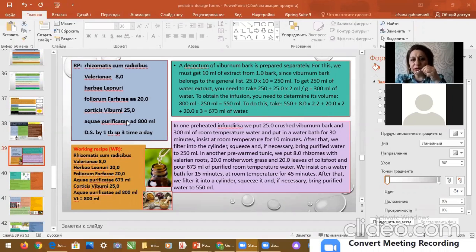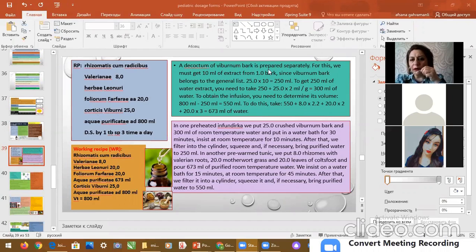For this prescription, the decoctum of viburnum bark is prepared separately. We must get 10 ml of extract from 1 gram of bark. Since viburnum bark belongs to the general list, 25 we multiply by 10, and this is 250 ml.